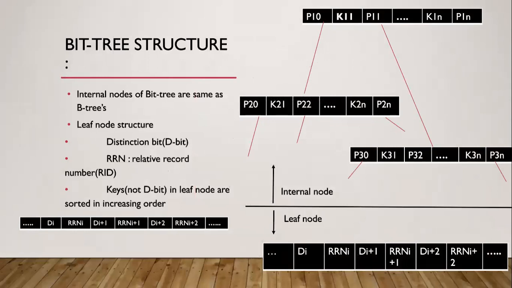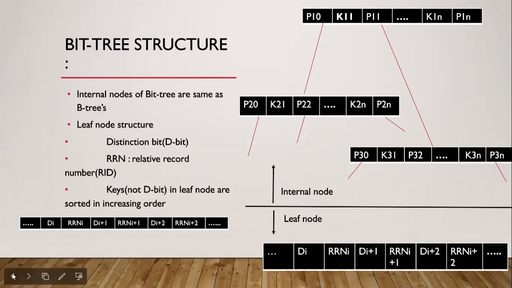Binary tree data structure. The internal nodes of a binary tree are the same as in a B-tree. The leaf node structure is a distinction binary tree. Distinction bit, like D i, and RRN means relative record number, RID and key node. The leaf nodes are sorted.